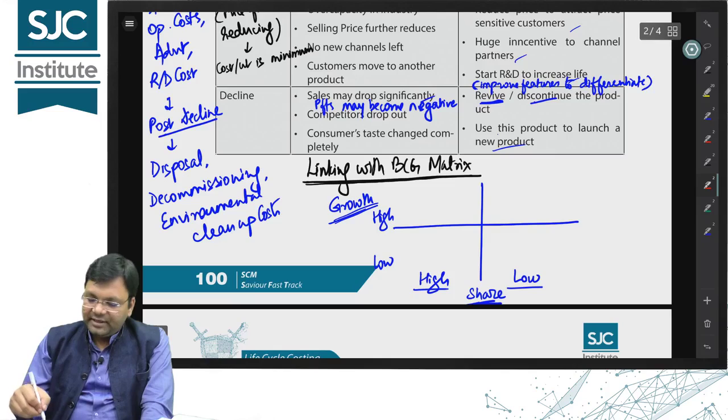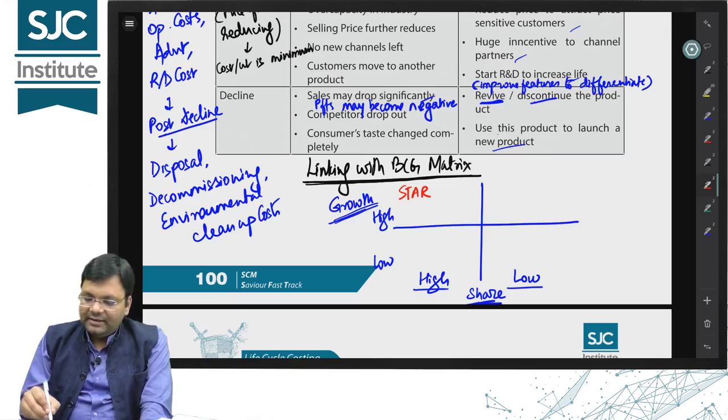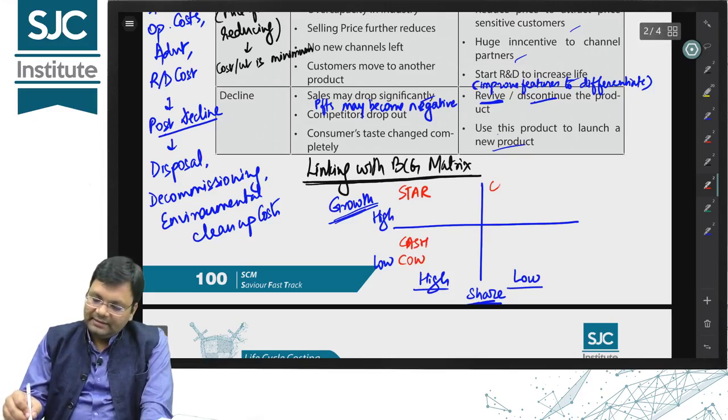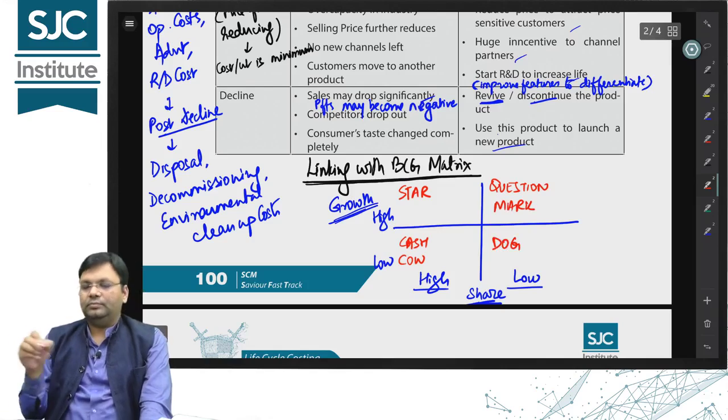When share and growth both are high, it is called star. When share is high, growth is low in the market, this is called cash cow. When share is low but growth is high, this is question mark. And when both are low, it is dog. Remember this?